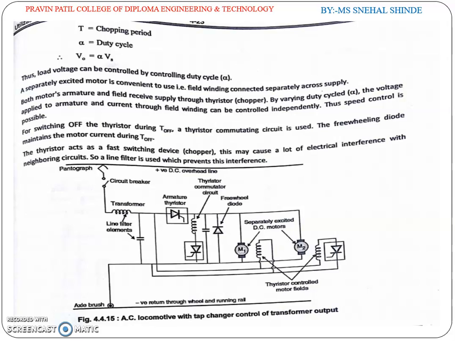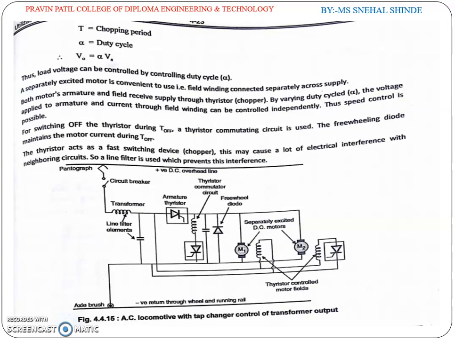This way a chopper circuit is used, and we can control the duty cycle effectively. By varying the duty cycle, we can adjust the output voltage V0. Here Vs, the supply voltage, will be constant, and V0, the output voltage, is varied by the duty cycle.